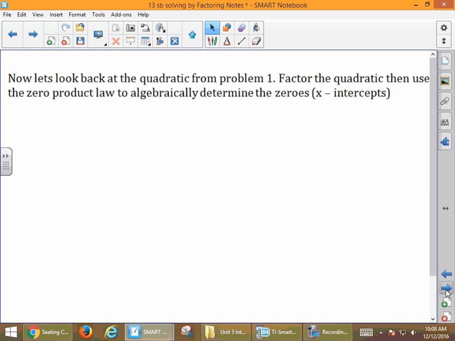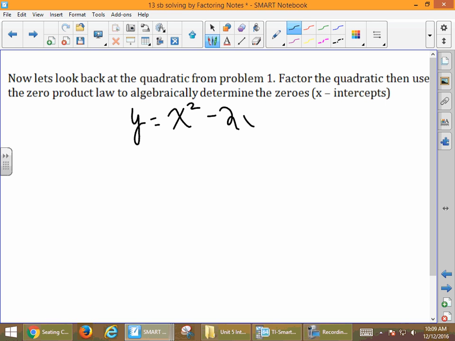But most of the time what we have to do here is that we do have to factor. It says, let's look back at the quadratic from problem 1. And the quadratic from problem number 1 says y equals x squared minus 2x minus 3. Let's factor the quadratic.